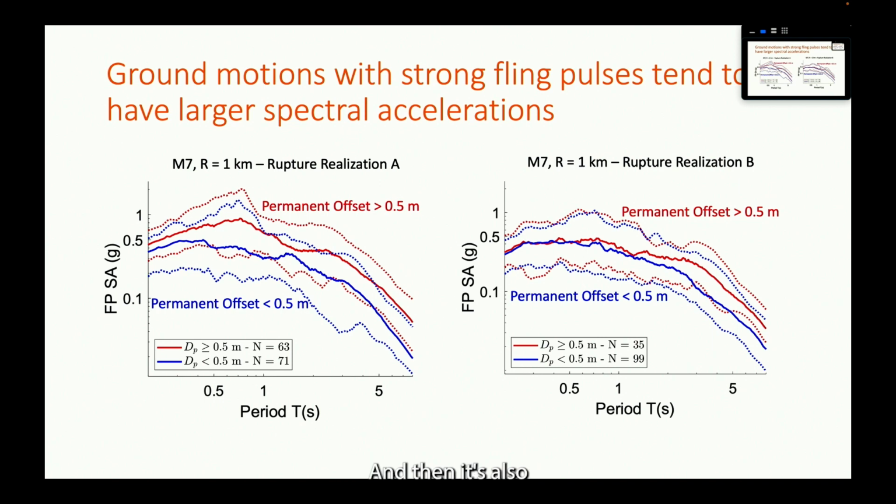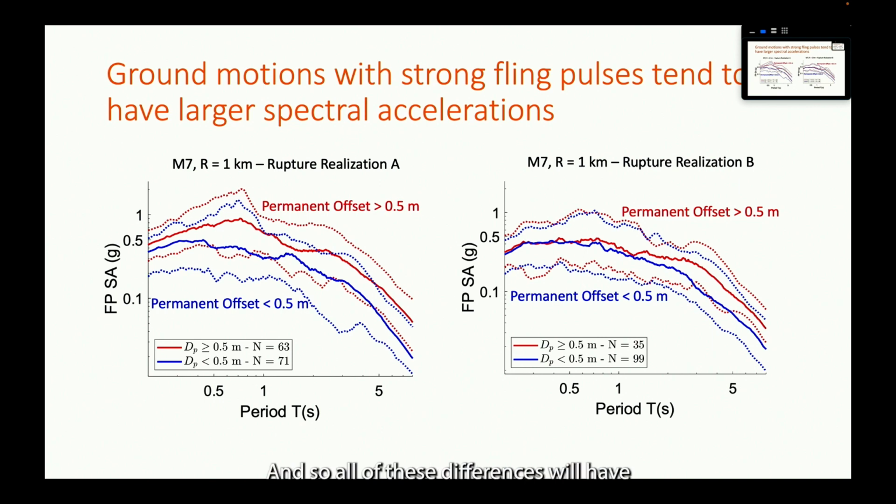And then it's also an interesting question to think about what properties of the rupture lead to those differences. Because in another rupture realization on the right, we're also seeing a difference in the shape. However, the difference is limited to periods that are relatively long, longer than about 1 second, whereas the higher frequencies are the same.